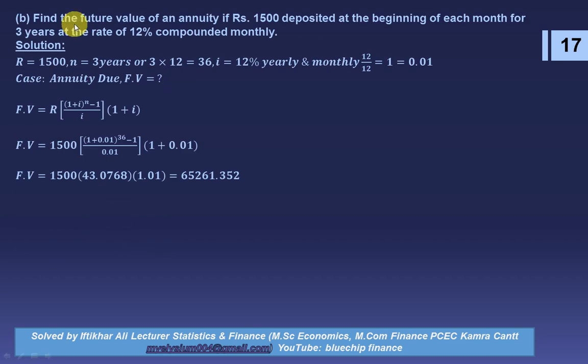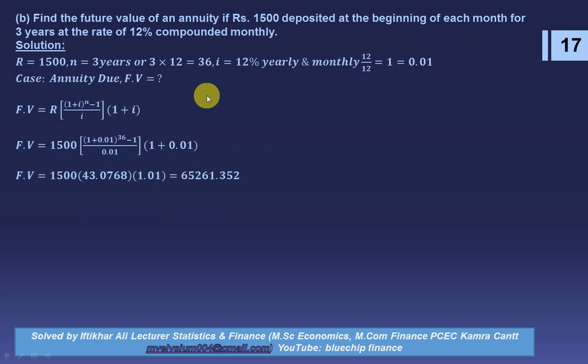Find the future value of an annuity of rupees 1500 deposited at the beginning of each month for 3 years at the rate of 12% compounded monthly. It is the case of annuity due and we are going to calculate the future value, because if the deposits or receipts are at the beginning of the time period, then the formula of annuity due will be applied.